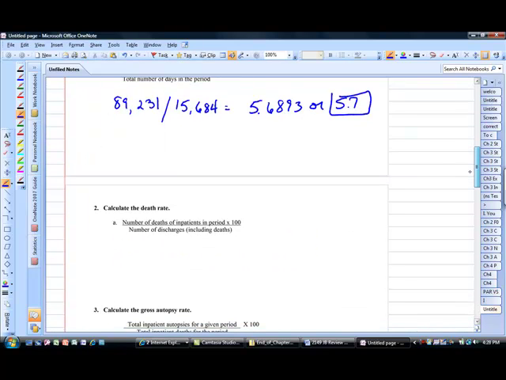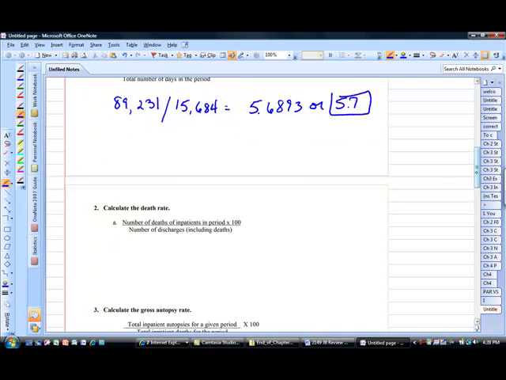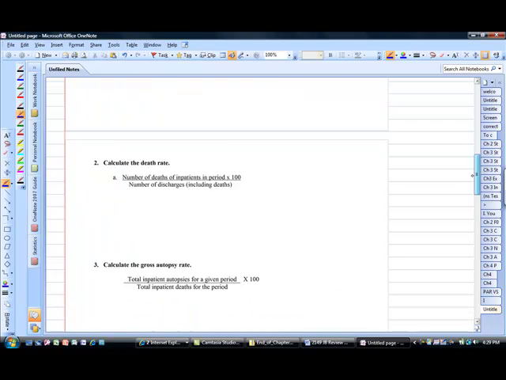The death rate: the number of deaths of inpatients in a period times 100 over the number of discharges including deaths. So the number of deaths of inpatients. We have to go up here and look at how many inpatient deaths we had. We had 20 adult and children.